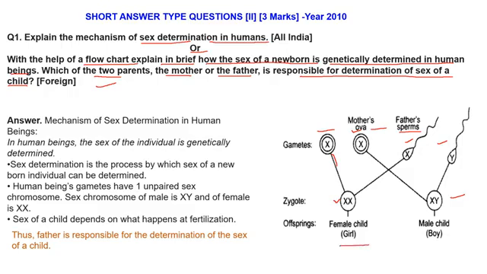The male child has X and Y chromosomes, and the father's sperm can have either X or Y. The Y chromosome is present only in the father's gametes, not in the mother's gametes. So we can say that it is the father who is responsible for the sex of a child, not the mother, because the mother's gametes carry only X chromosomes. Clear? So this is how you have to draw the flow chart, and the points are written over here.